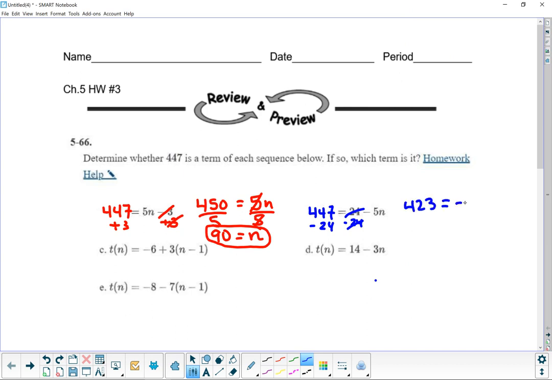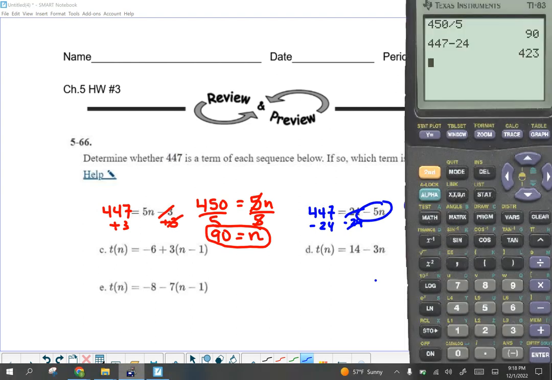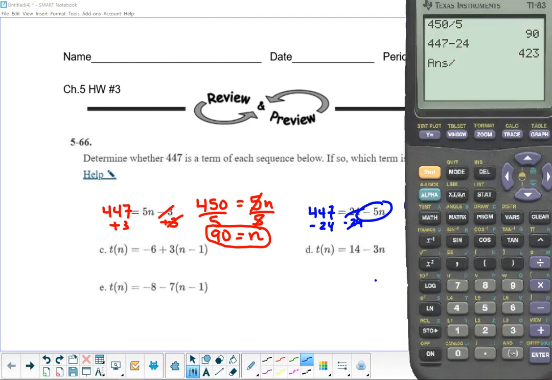So we have 423 equals negative 5n, because that's all we've got left on the right-hand side. We're going to divide both sides by negative 5, and these cancel, and I'll be left with n equals 423 divided by negative 5. If you know your times table, 5 doesn't go into anything that ends in a 3.